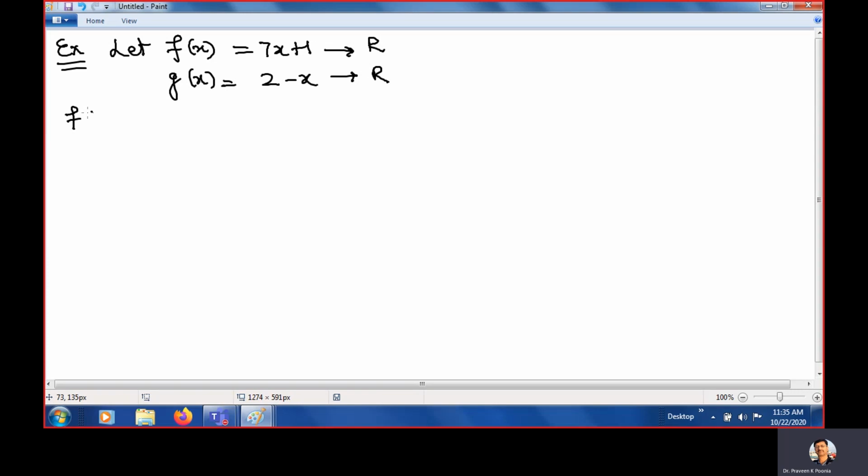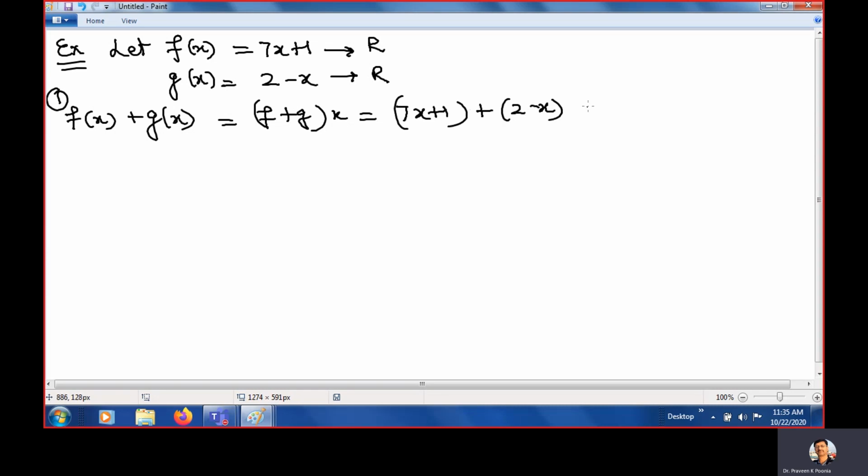Now we need to find number 1, f(x) plus g(x). That means (f plus g)(x). So what will it be? 7x plus 1 plus 2 minus x. And 7x minus x is 6x, and 1 plus 2 is 3. This is the value of f(x) plus g(x).